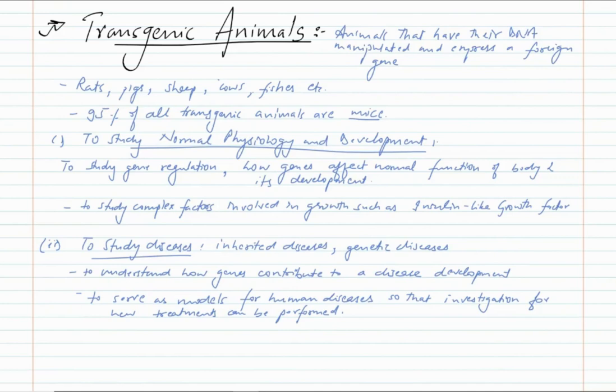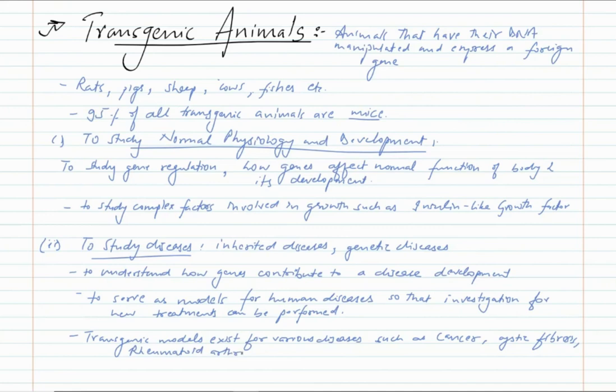Today transgenic models exist for various diseases such as cancer, cystic fibrosis, rheumatoid arthritis, Alzheimer's disease, and many more.